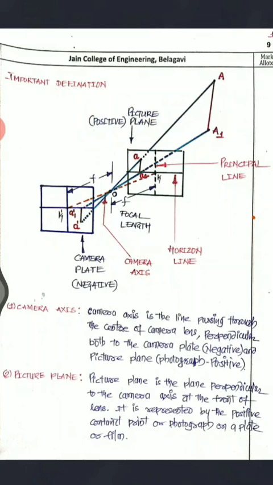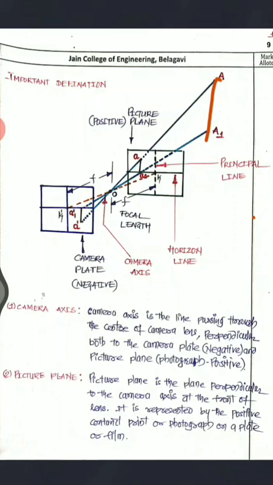Now to get the image of this object, if you have an object A dash, and you want to get that on the picture and develop an original film for that, how will it be? Here it is A dash or A1 that I have shown. That A1 is going to be reversed here.